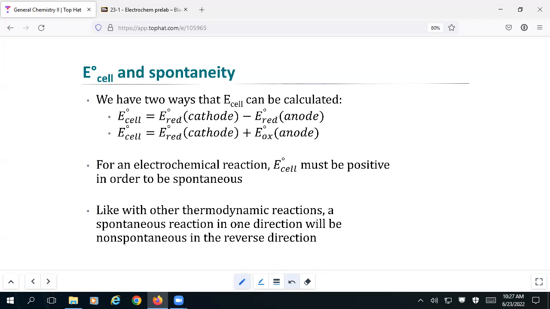So if you hook them up together, a reaction is going to occur. It's just a matter of, is it the one that you were looking for, or is it the opposite? And your measured voltage will tell you. It's positive, you've got it hooked up the way that it's supposed to be. If it's negative, you've got it hooked up backwards. But there will always be a spontaneous process occurring inside of an electrochemical cell, because you've got all the ingredients there. You're not holding back anything.